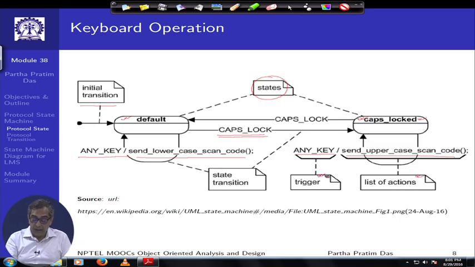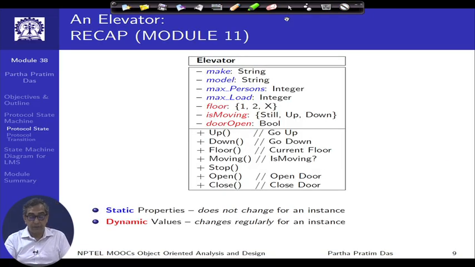The key press is the trigger that is happening for a state transition to take place. And in this state, if you have caps lock pressed again, then you will again come back to default. You will basically keep on toggling between these, and these are the different transitions that you can see. So, this is a typical way of representing or showing how the protocol state machine will actually look like or operate.